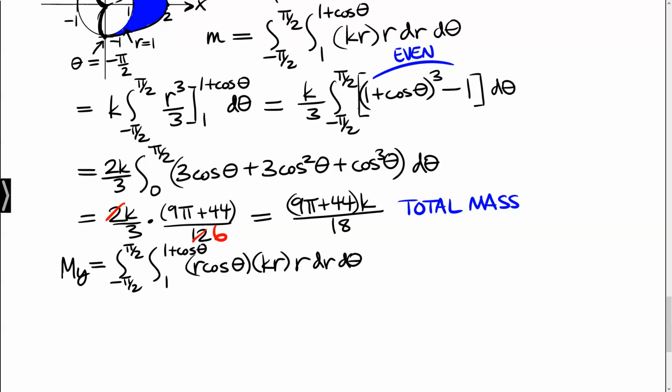So there's 3 r's in here. So this is the integral from minus pi over 2 to pi over 2, the integral from 1 to 1 plus cosine theta of k times r cubed cosine theta dr d theta.